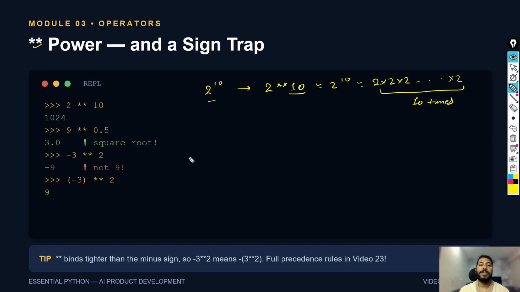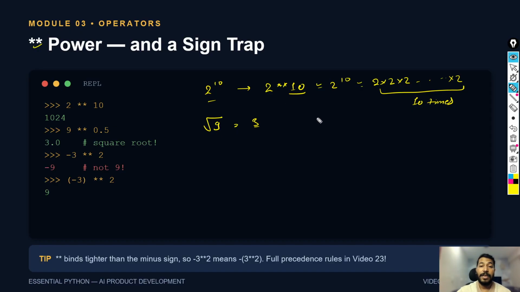That's what you are doing as a part of this computation. Talk about this: if someone asks you to calculate the square root of this number, mathematically we use that kind of operator. How can we achieve this inside Python?